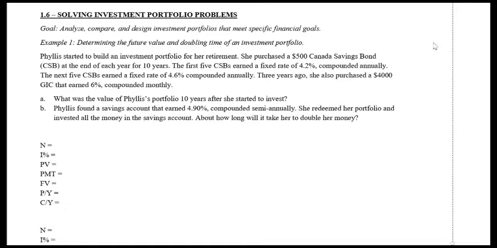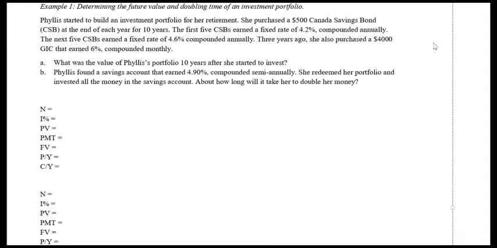The third is for the last 3 years, a GIC for $4,000, compounded monthly at 6%. The goal is to find what her total investment will be after 10 years, and then find the doubling time for another investment at 4.9%.